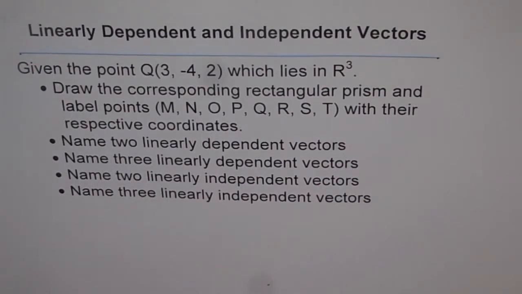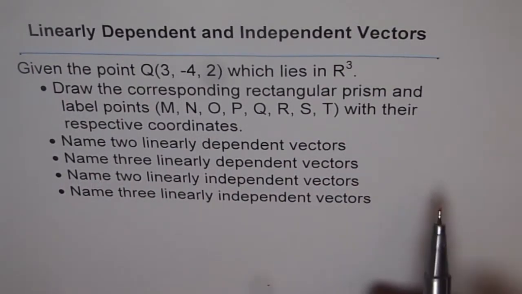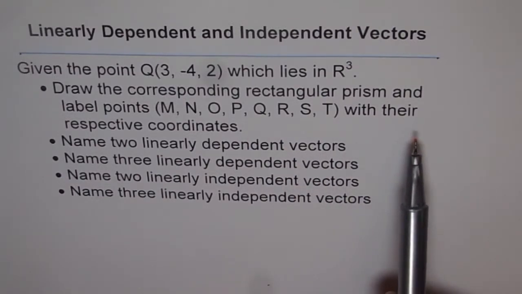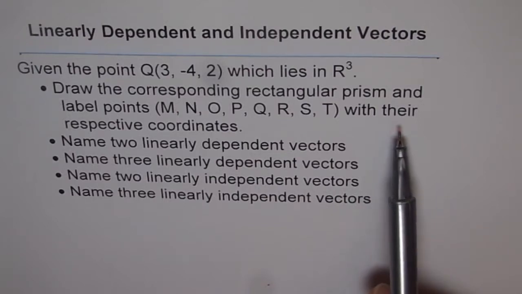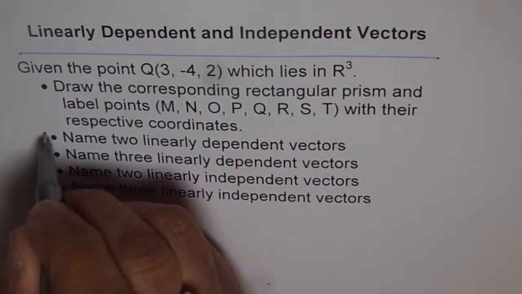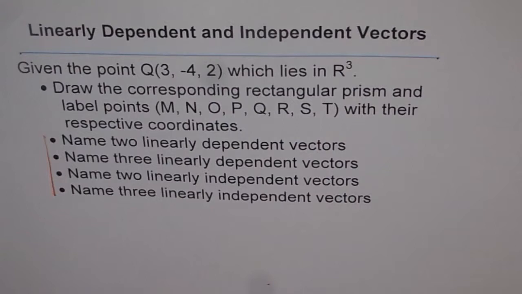So this part I've done in a couple of videos, and in one of the videos I've done a very neat job. So have a look at it and then draw if you have difficulty. This time I'm not going to draw it to scale. I'll just make a very rough sketch, because here I'm trying to explain these four questions.